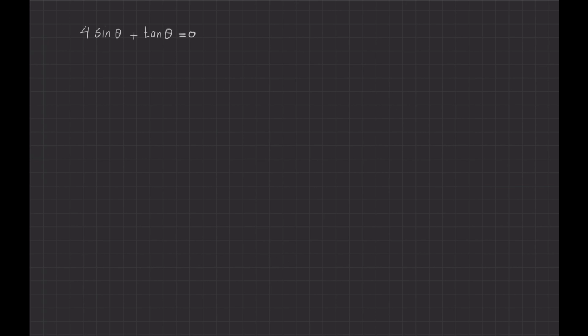The first thing that we want to do is replace tangent theta with its famous formula. So instead of tangent, we can plug this expression in. Then we will get this one. But of course here I have an equation involving a fraction. The best thing to do is to get rid of fractions by multiplying both sides by the greatest common denominator, which in this case is cosine theta.